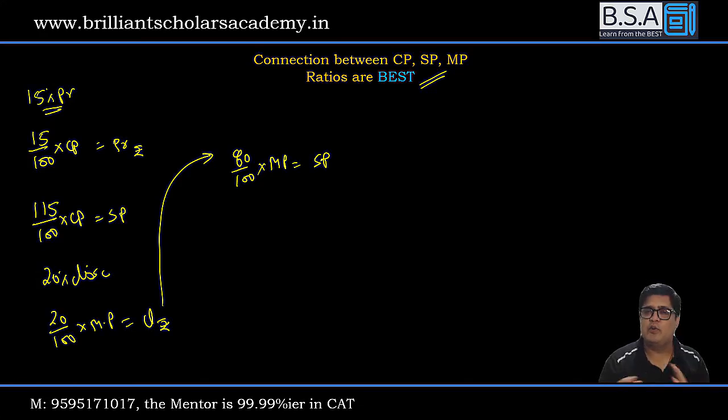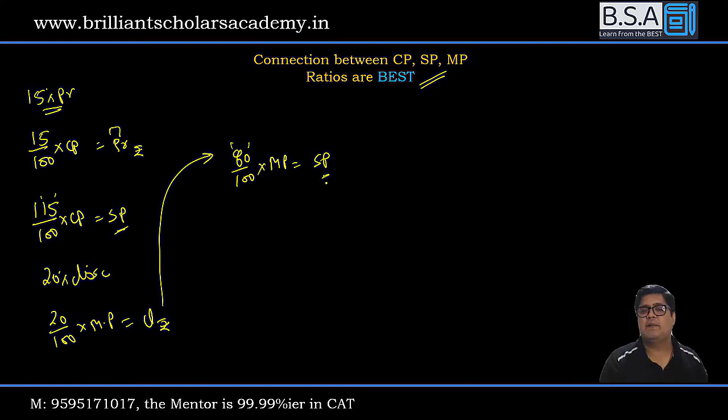So I'm trying to show you when to apply what value. You want to calculate selling price, you will have to apply the increase part. You want to only calculate profit percentage, apply percentage value as a ratio. You want to calculate selling price, you must apply the decrease fraction, 20% decrease in the multiplying factor.